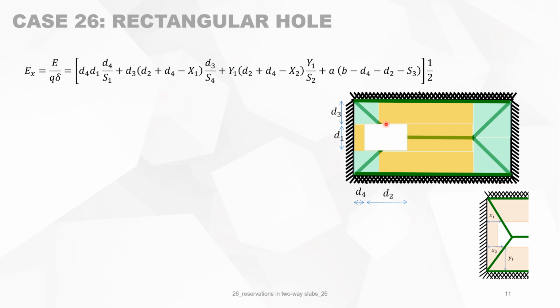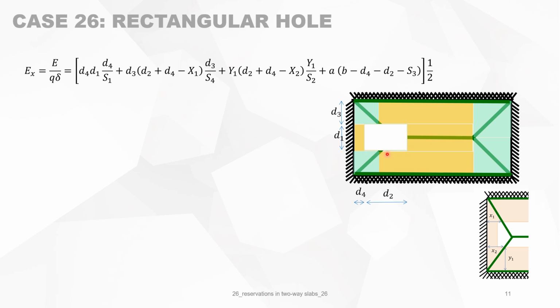So we only need this length, and this is multiplied by d3 over s4, which is the maximum deflection at this point when the deflection is delta. Then we have the bottom rectangle: y1 times this distance, which is d2 plus d4 minus x2.